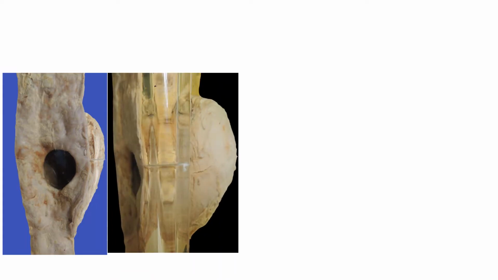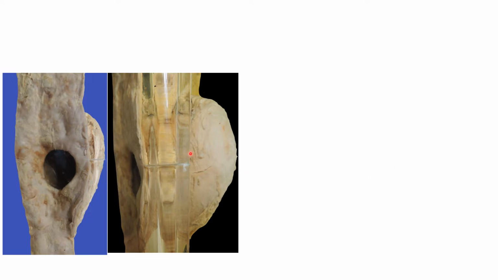Now these are the specimens which show you the abdominal aorta, and there is this hole or the lesion which is going and showing the outpouching of the wall of the aorta. Now this is about 12 centimeters in length and 6 centimeters in diameter.